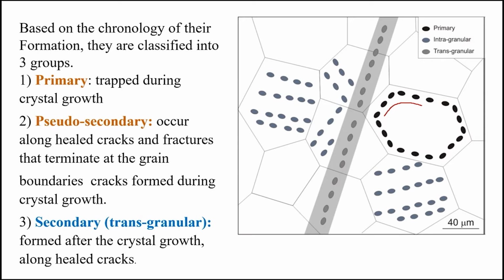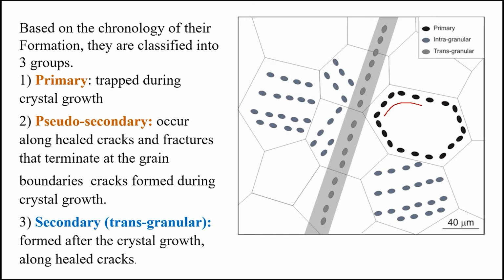We know that no crystal is perfectly created. There are some imperfections in most of the crystals. So due to these imperfections, there will be some cracks or some fractures along which some of the fluids can enter into the crystals, and they are entrapped within them. We can know how these fluids entered.